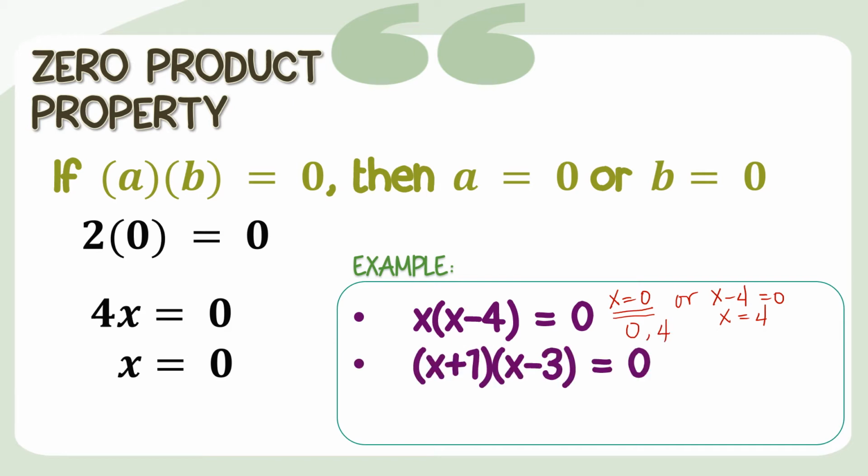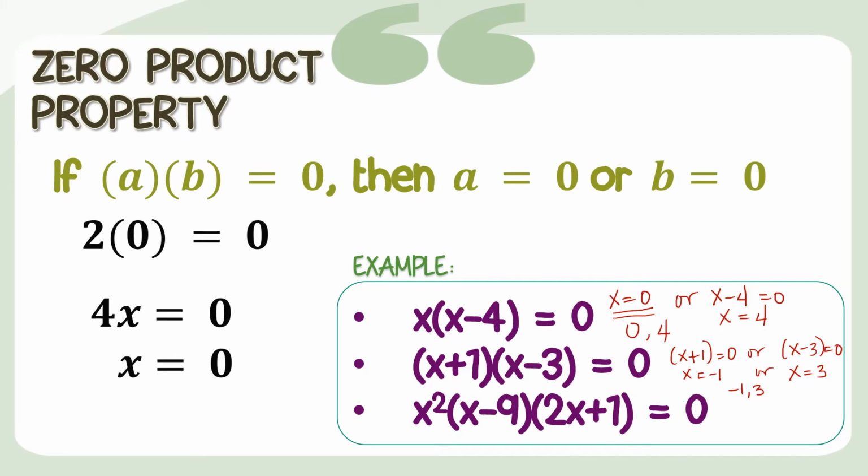Next, x plus 1 times x minus 3. According to ZPP, x plus 1 is equal to 0 or x minus 3 is equal to 0. So, dito tayo sa una. X is equal to negative 1 or x is equal to positive 3. Therefore, our roots are negative 1 and positive 3.